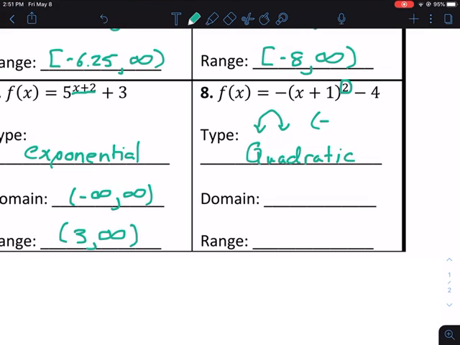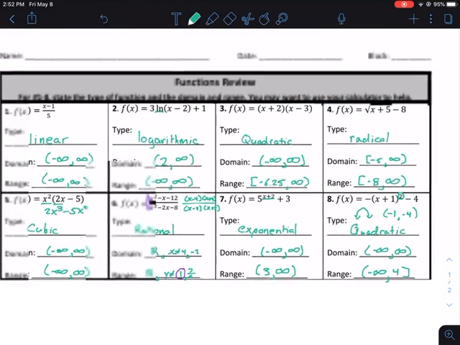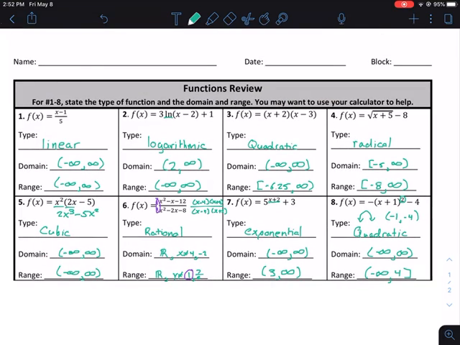And then the vertex is at -1, -4. So therefore my range, or excuse me, my domain can be anything still. X can plug in positive or negative. But the range is going to hit a high point at -4. So it's going to start from negative infinity, the low point, and then the high point is going to be -4. And that's just a quick review of functions.